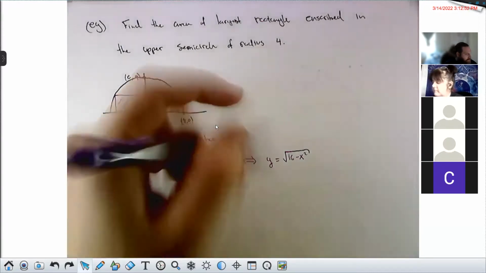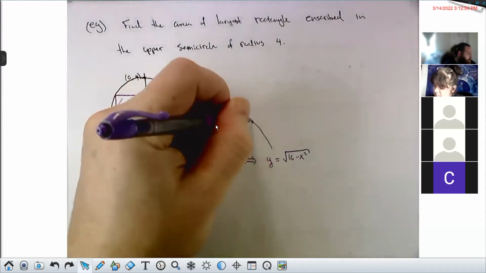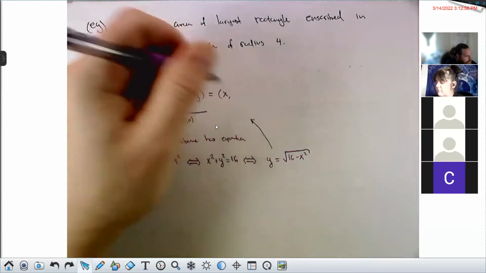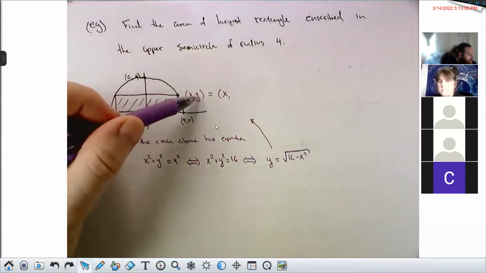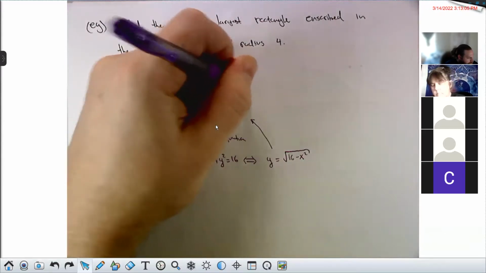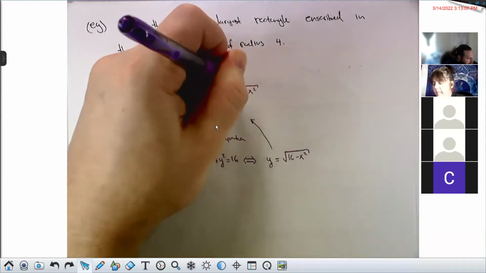What that means is, this point is really y, and y is a point on the circle, so it's got to be the square root of 16 minus x squared. That's what y is.